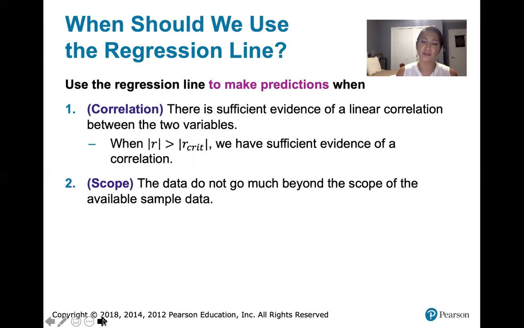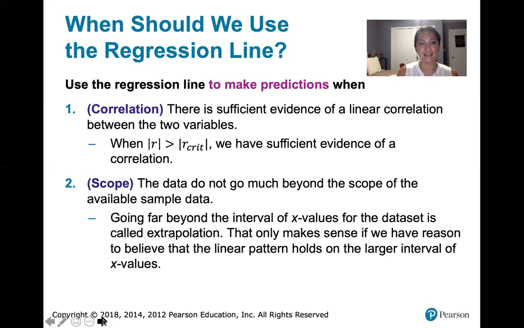And then, of course, we also need the data to not go too much beyond the scope of the available data. If we go far beyond the scope of the interval of x values for the data set that we have, that's called extrapolation. That sometimes makes sense. If we have reason to believe that that linear relationship continues to hold on a larger interval of x values, go ahead and extrapolate.